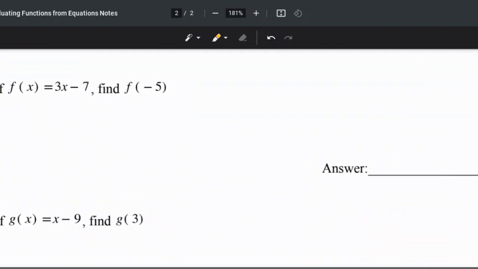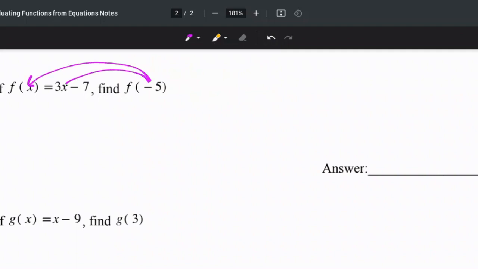Similar idea here. For this one, let's just continue with the same process that we did on the first page. It says find f of negative 5 if f of x equals negative 3x plus 7. So now we're taking that number that's inside of the parentheses, this negative 5, and wherever we see an x in the function, we're putting in now negative 5.